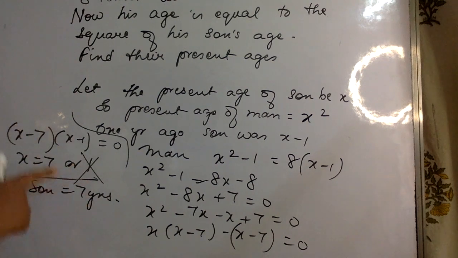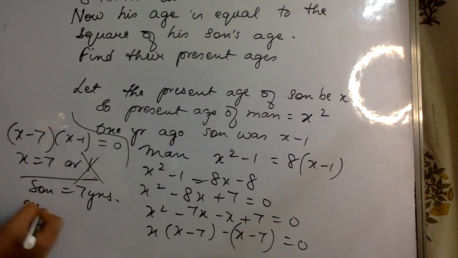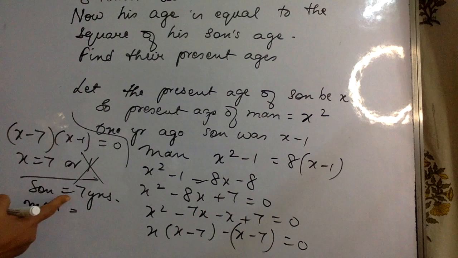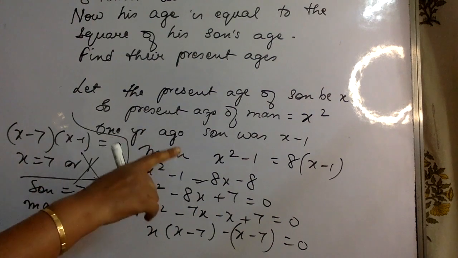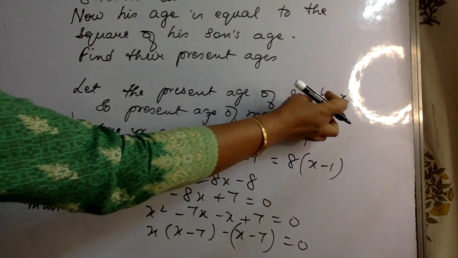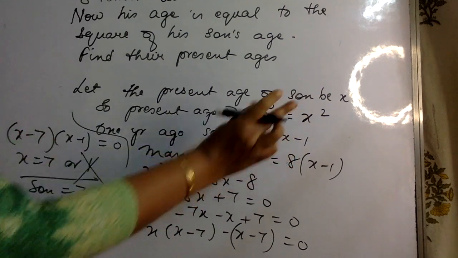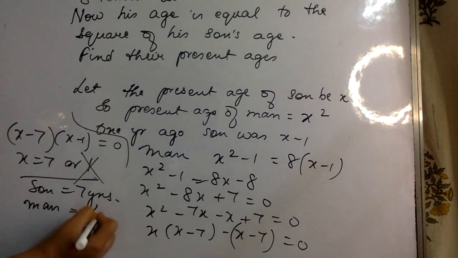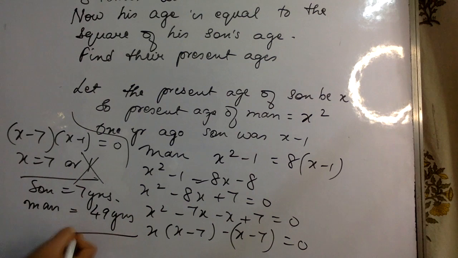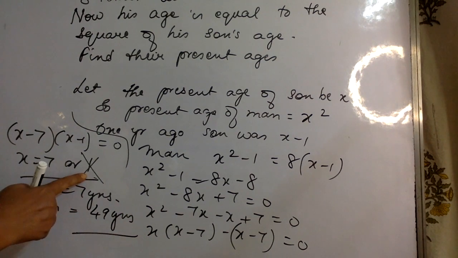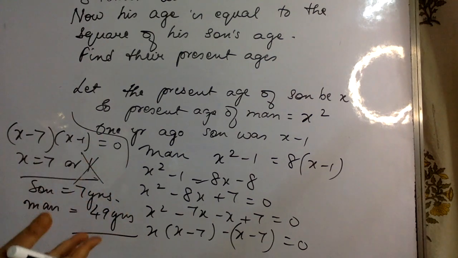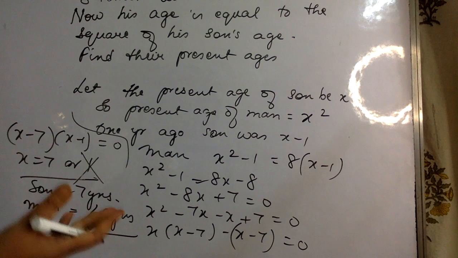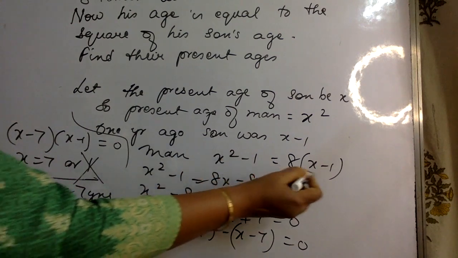Present age of the father, that is the man: if son is 7, then father is x square, that is 7 square, that is 49 years. So this is the only answer. I cannot take 1 because 1 year ago the son would be 0 years, so this does not apply.